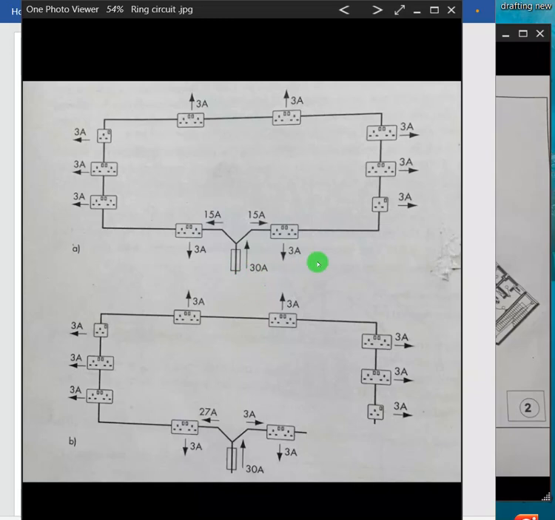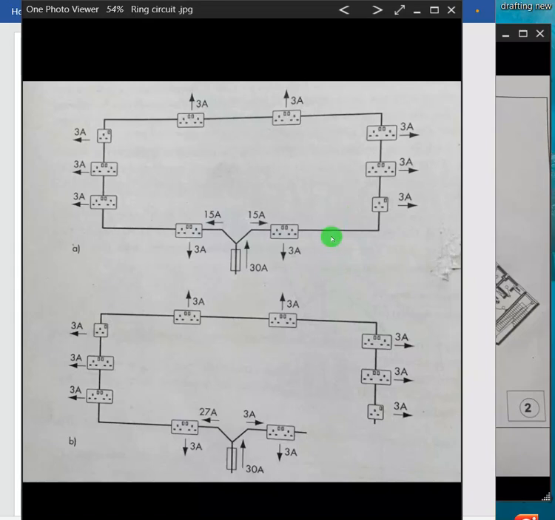All right, then the reason why we are using 2.5 mm square to protect the entire 10 circuit points is because this cable in question is going to form two parts. One part goes through here and returns back here. So this 2.5 mm square plus another 2.5 mm square coming back is going to give us a total of 5 mm squared, if you are going by that particular formula.